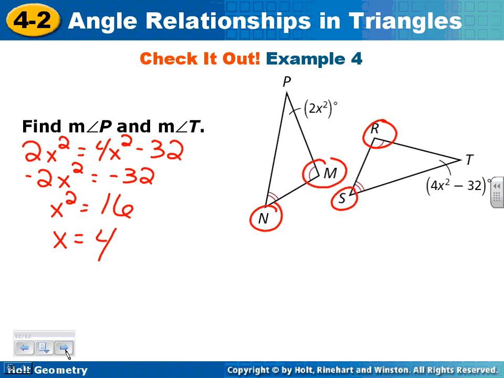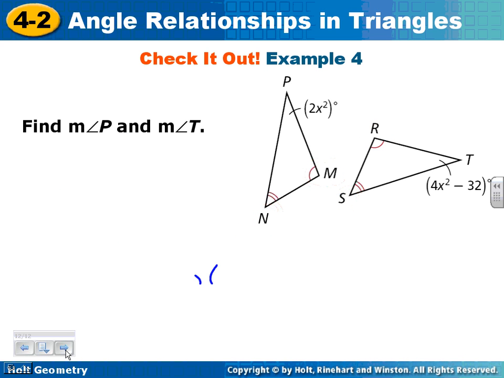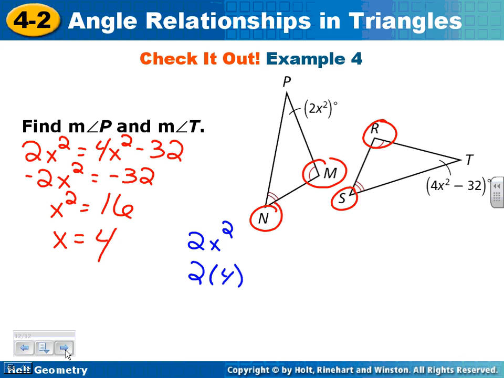Now plug that 4 back in. Don't stop with that answer of 4. Into angle P, 2x squared, I need 2 times 4 squared, or 2 times 16, which is 32. Let's do angle T, which is 4x squared minus 32.